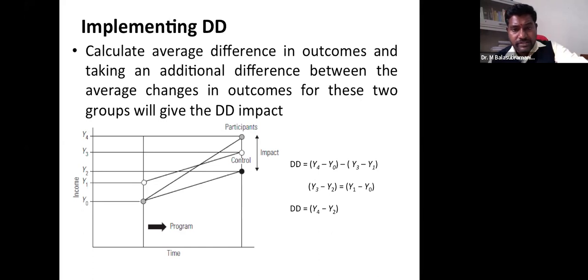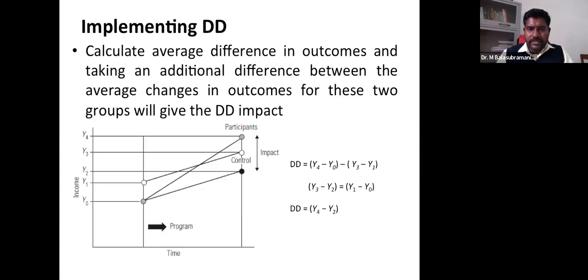The difference y3 minus y2 is the same as y1 minus y0. That is written very clearly here: y3 minus y2 is equal to y1 minus y0. If I apply this equilibrium equation in the previous one, I get that y4 minus y2 gives the original impact of the program. That is nothing but our double difference. Fine.